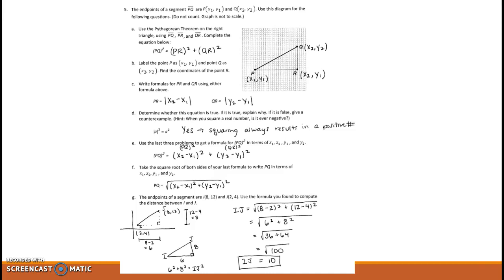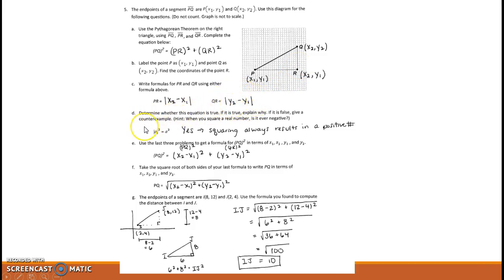Then, given what we just did, for part C, we have two expressions that we can use. For PR, the horizontal leg, we are subtracting the x-coordinates. And again, this order doesn't matter. For QR, since it is a vertical segment, we're subtracting the y-coordinates.